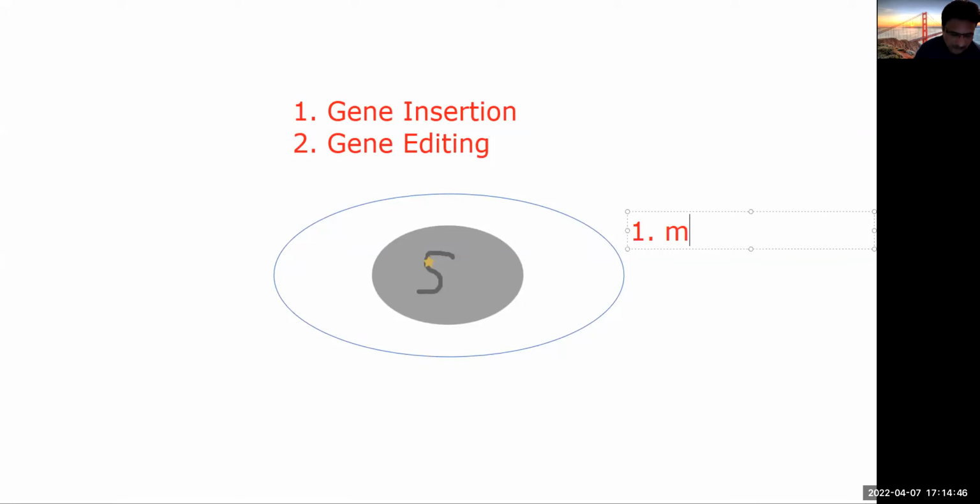One is mRNA. If you inject healthy mRNA, which produces normal hemoglobin, then it's possible that the normal hemoglobin will rescue the diseased hemoglobin, right? But mRNA has a shorter life. So how many times will you inject mRNA?